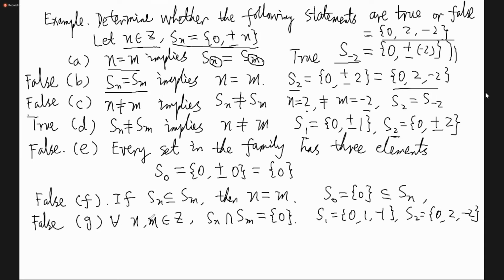So let me write here. S2 intersect S negative 2 is just equal to 0, 2, negative 2, because both sets are just equal to 0, 2, negative 2. All right, so this is false.